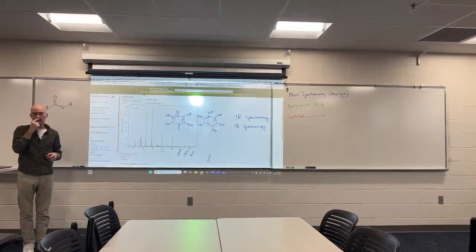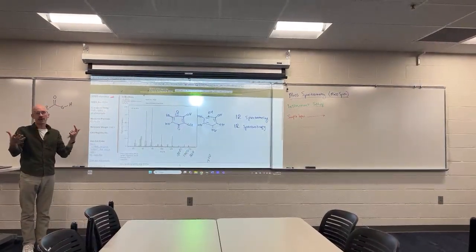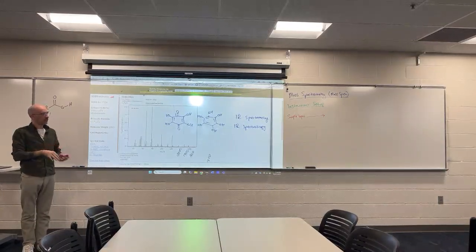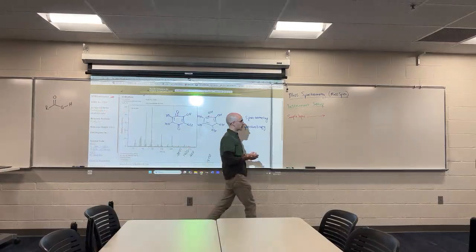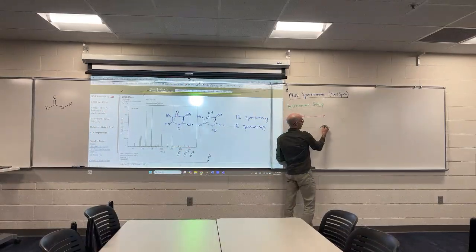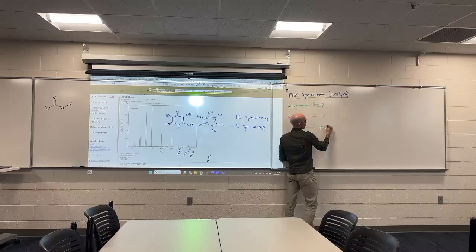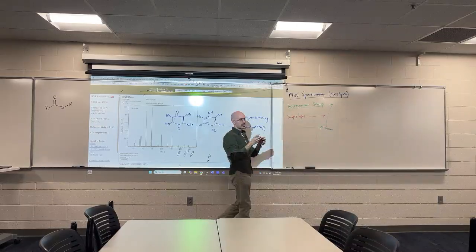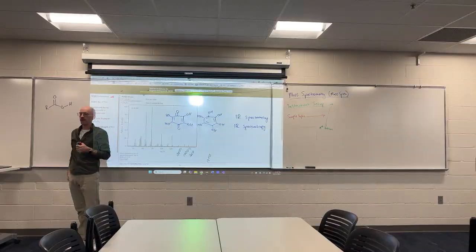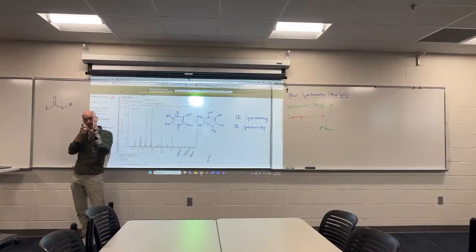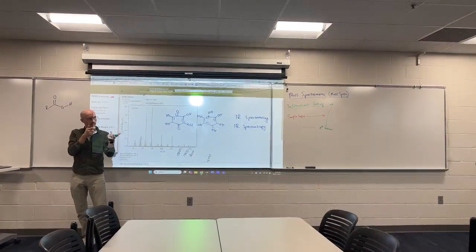Oftentimes, it may come out of a column, being separated by column chromatography. But your sample gets input into the mass spec, and the first thing that happens is an electron beam is shot at your sample. And this might seem odd, but this electron beam is a little bit more like a BB gun shooting cans off of a log.